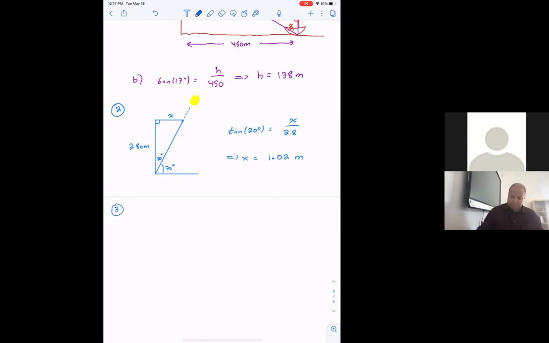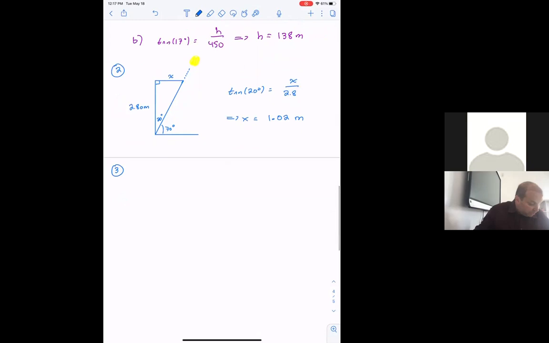Question number 3. Scientists measure the depths of lunar craters by measuring the length of the shadow cast by the edge of the crater using photographs. In a photograph, the length of the shadow cast by the edge. So here's the crater.